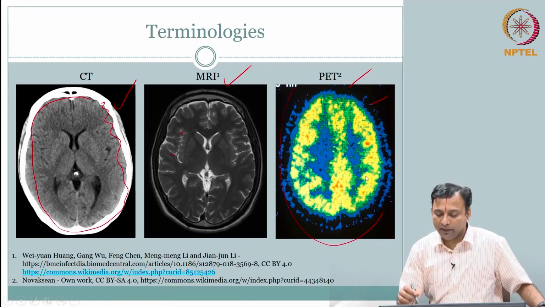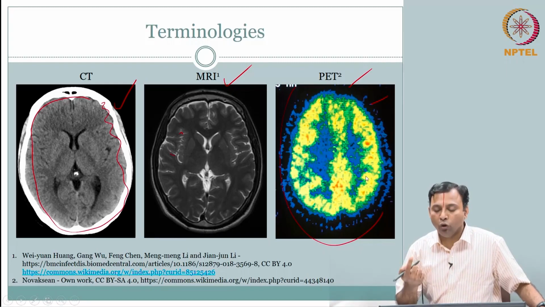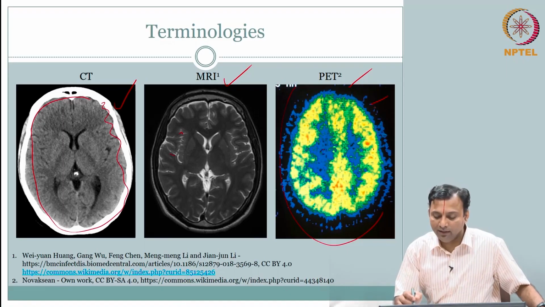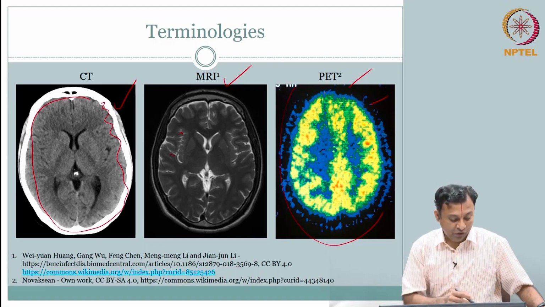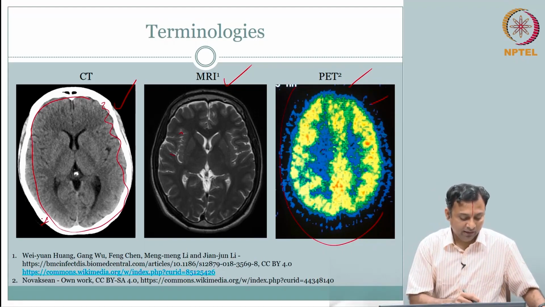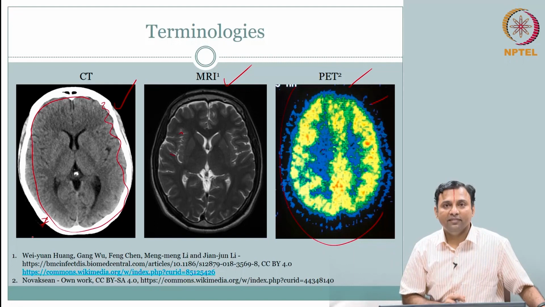What this is depicting, each color is depicting the activity, glucose uptake. So you can clearly see certain parts of the tissue are active, consuming the glucose, whereas certain others have low activity. You don't even see the skull. Here you see the skull and you can measure its thickness.